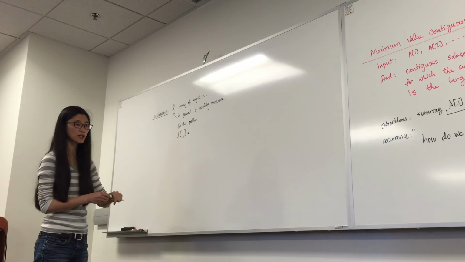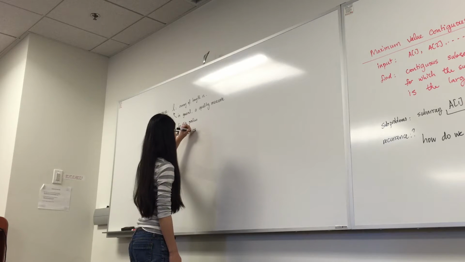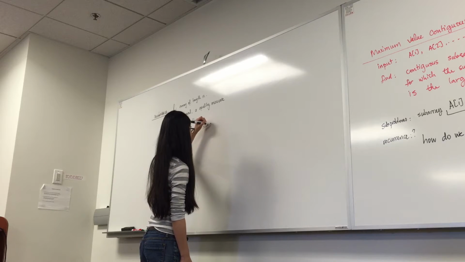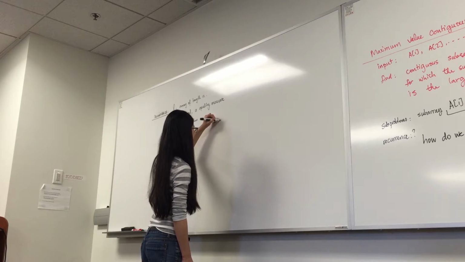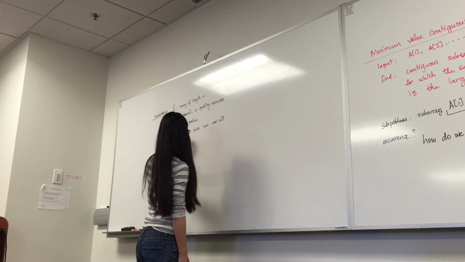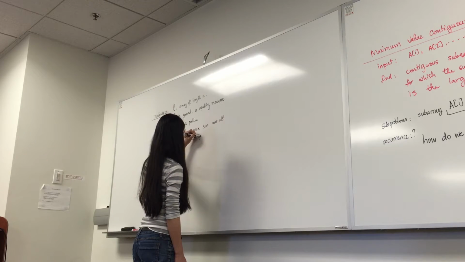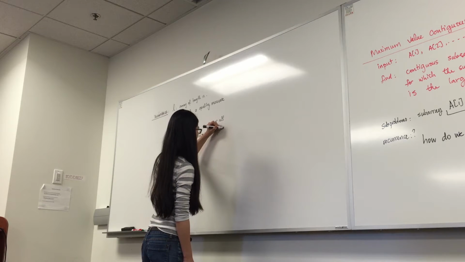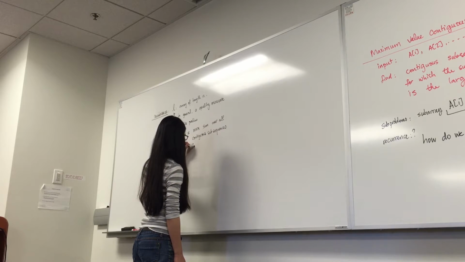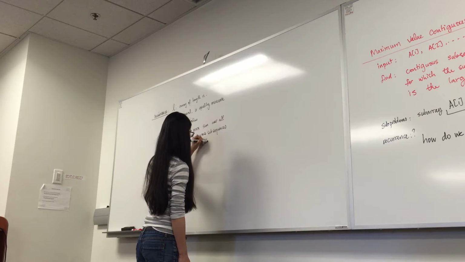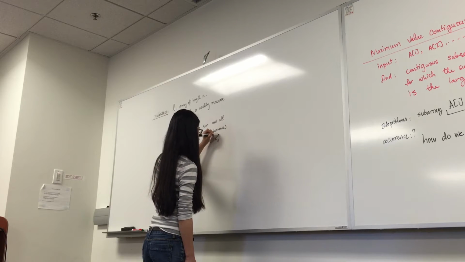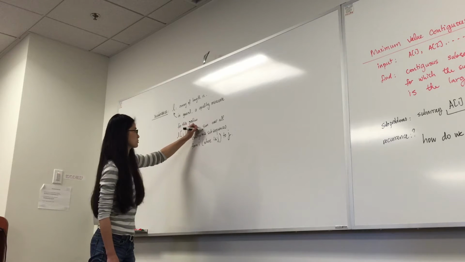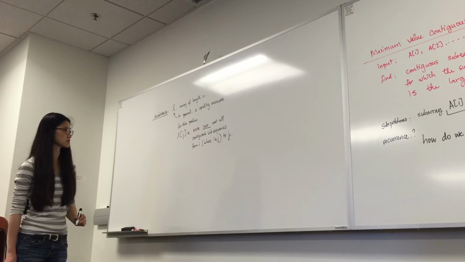Okay, so in this problem, L of J is the maximum sum over all subsequences ending at J. So in this case, it's a sum of values in the array.